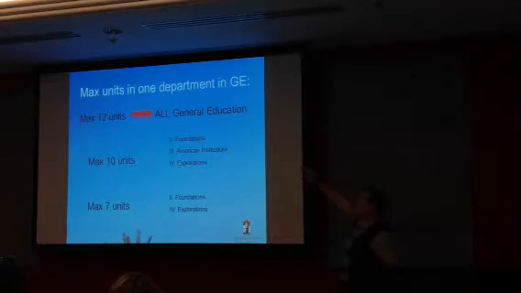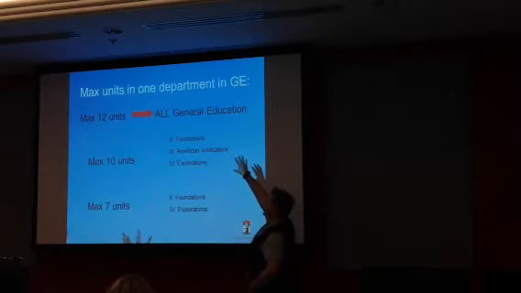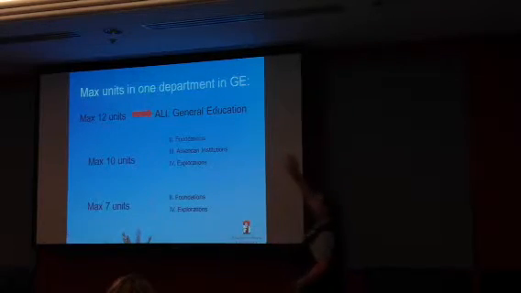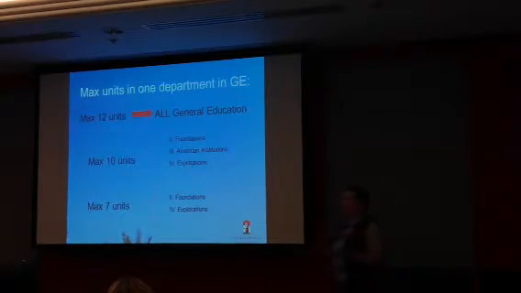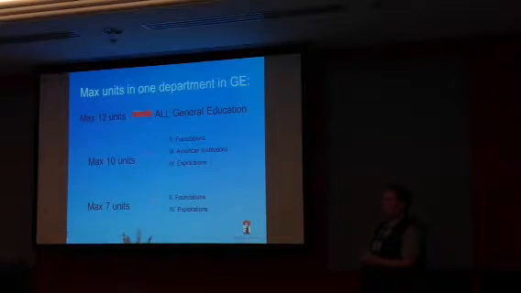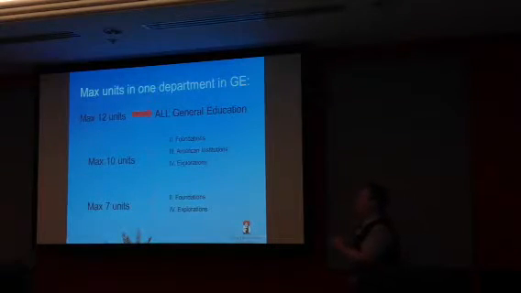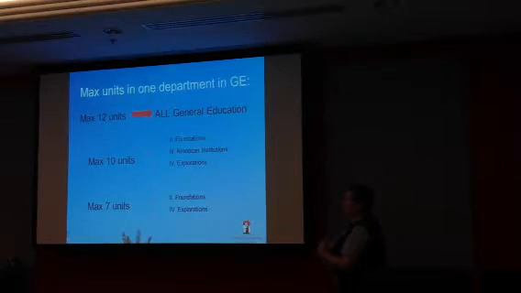So this is the rule, it doesn't even matter if it's not in your prep. A student can take no more than 12 units from one department across all of GE, okay? No more than 10 units across those 3 areas, and no more than 7 units across those 2 areas. So when we're looking at those major preps, in the example we have American institutions, and 2 lower division GEs that are major prep requirements and also satisfy GEs.